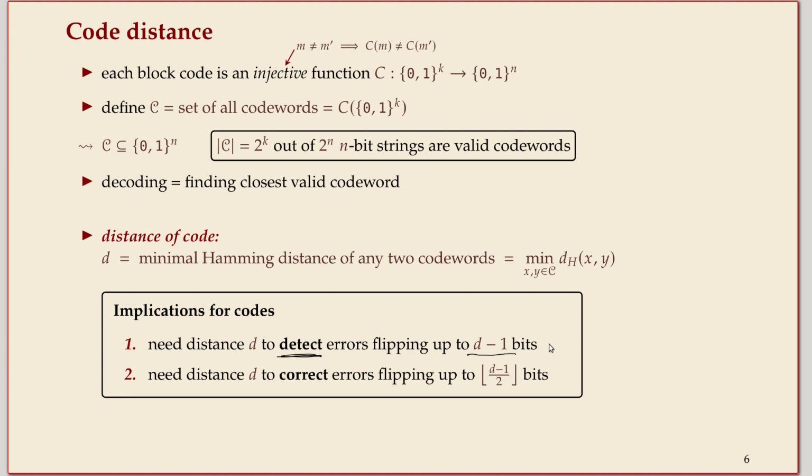Because, well, suppose our code had just a smaller distance, then it's possible to flip d-1 bits and go from one code word to another valid code word. But if we receive a valid code word, we take it as this valid code word. So there's no way for us to recognize that there has been an error in the transmission. So we definitely need distance d to detect up to d-1 flipped bits.